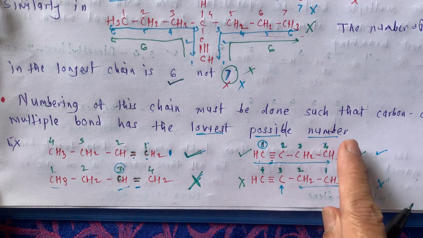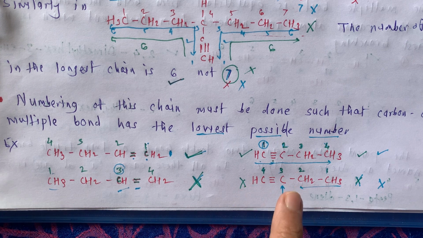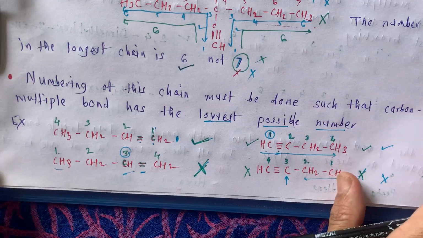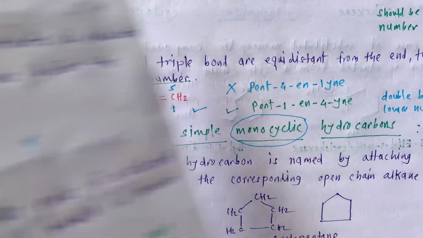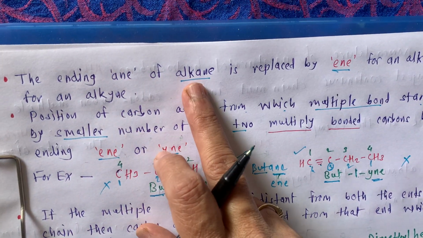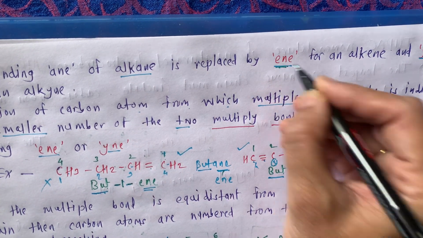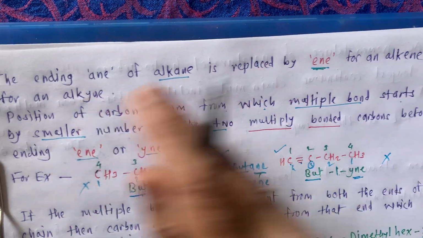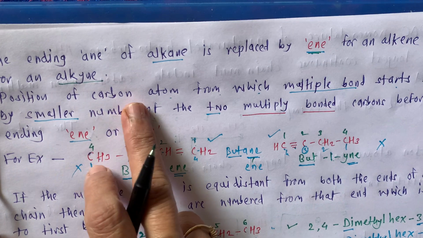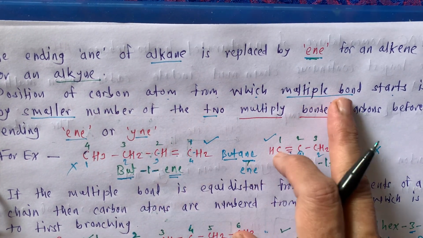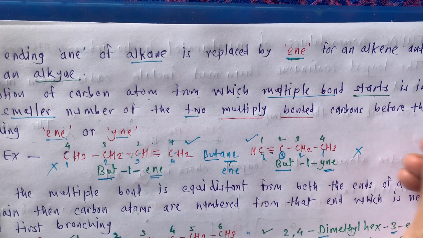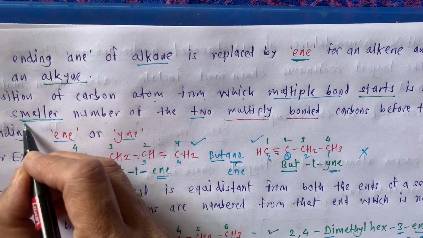It means you have to give the lowest possible number to the carbon which is attached to the multiple bond. Next, we know the ending ane of alkane is replaced by ene for alkene, and yne for alkyne. The position of the carbon atom from which the multiple bond starts, an important point, is indicated by the smaller number.